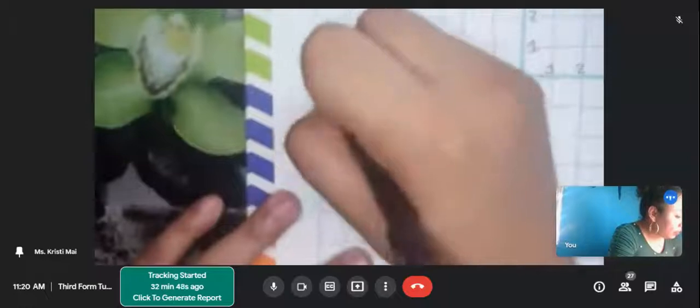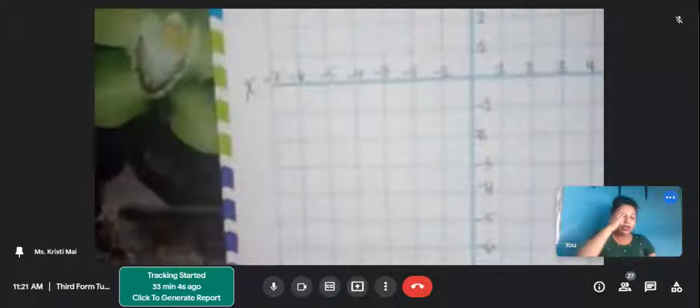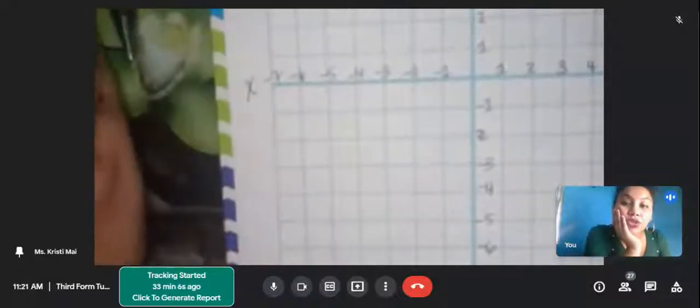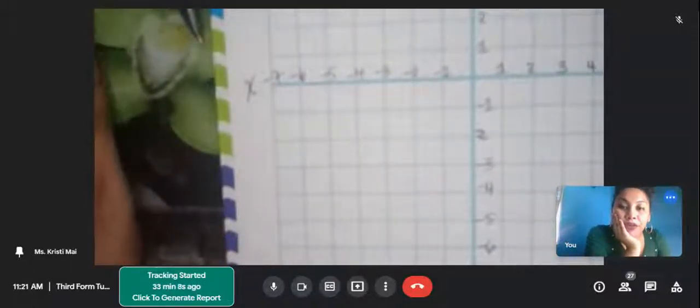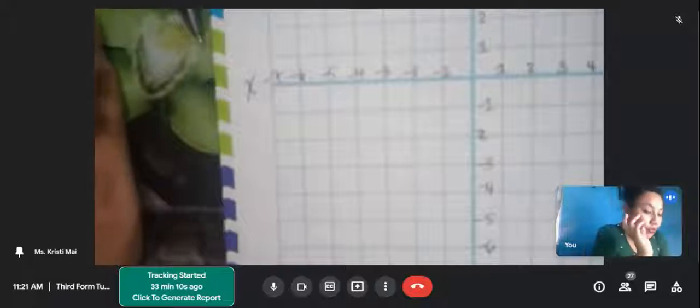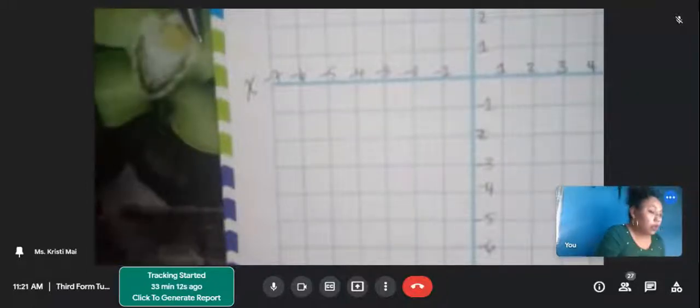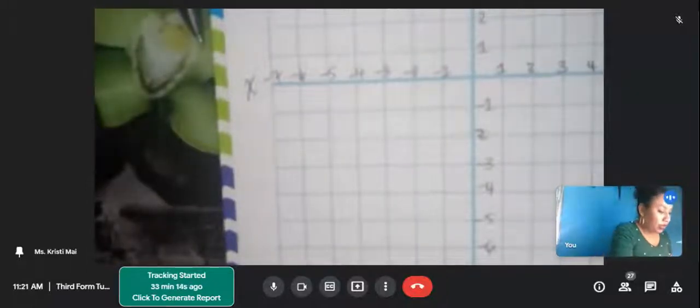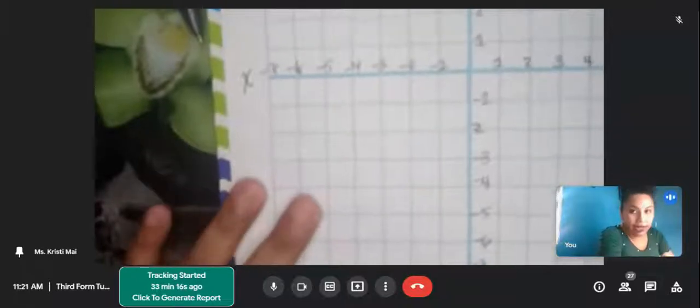This is my x-axis, my y-axis. In this one, the instruction says reflect across y equals 3. Sorry, x equals 3. So how do I find that line?